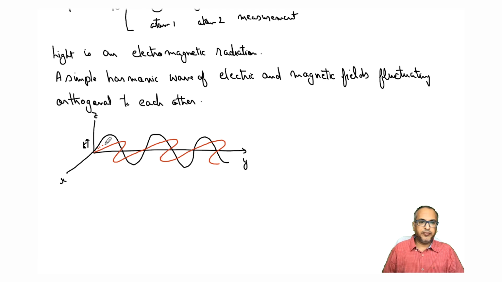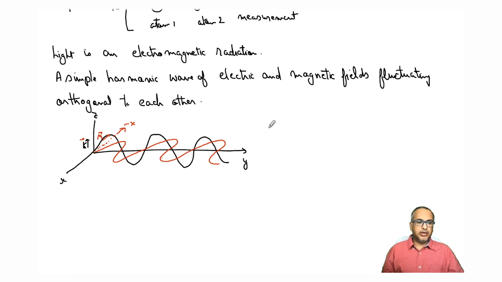This magnitude along the x-axis will be the magnetic field. This is the electric field, this is the magnetic field. These two are orthogonal to each other, and are drawn in phase. So you have electric and magnetic fields fluctuating orthogonal to each other. This overall is called light. This is a simple harmonic wave.